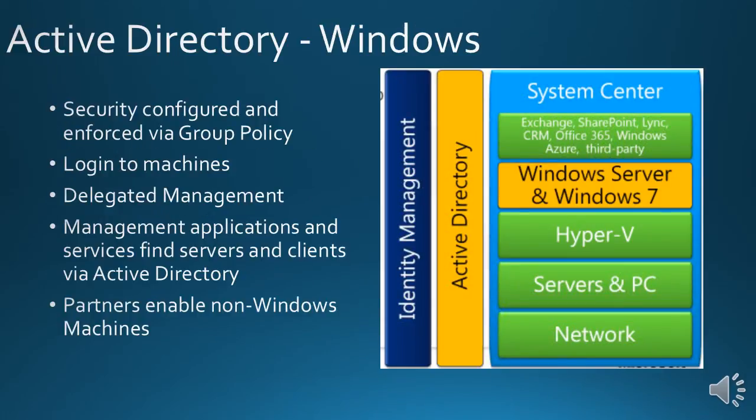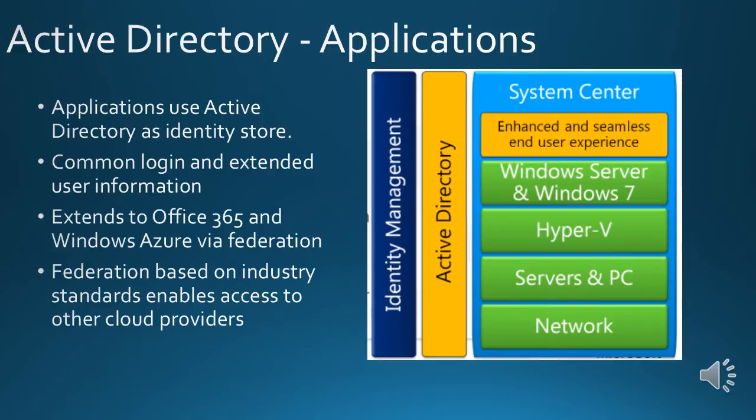For the core Windows component, Active Directory lets you enable and prevent logins to certain machines. It provides delegated management for managing applications and services and helps enable partners to use non-Windows machines. Many applications actually use Active Directory as their identity store. So when you try to connect to a server, it's going to check in Active Directory.